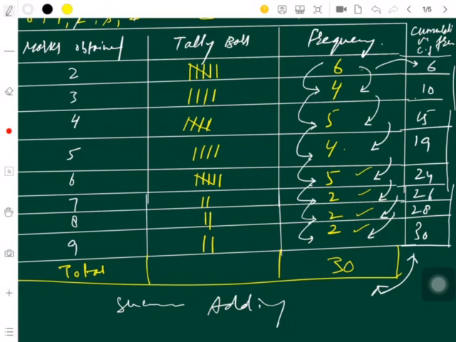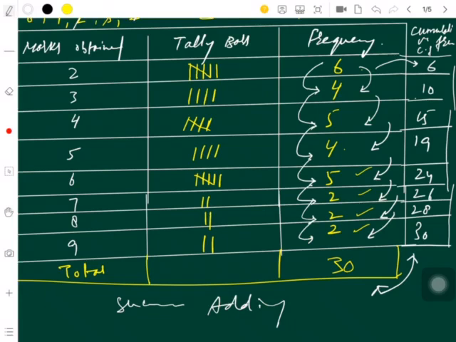So after understanding cumulative frequency, we have the last two things to take into consideration, and I'll stop it here only. That is the less than cumulative frequency and the more than cumulative frequency. In a less than cumulative frequency distribution, the frequencies of each class interval are added successively.